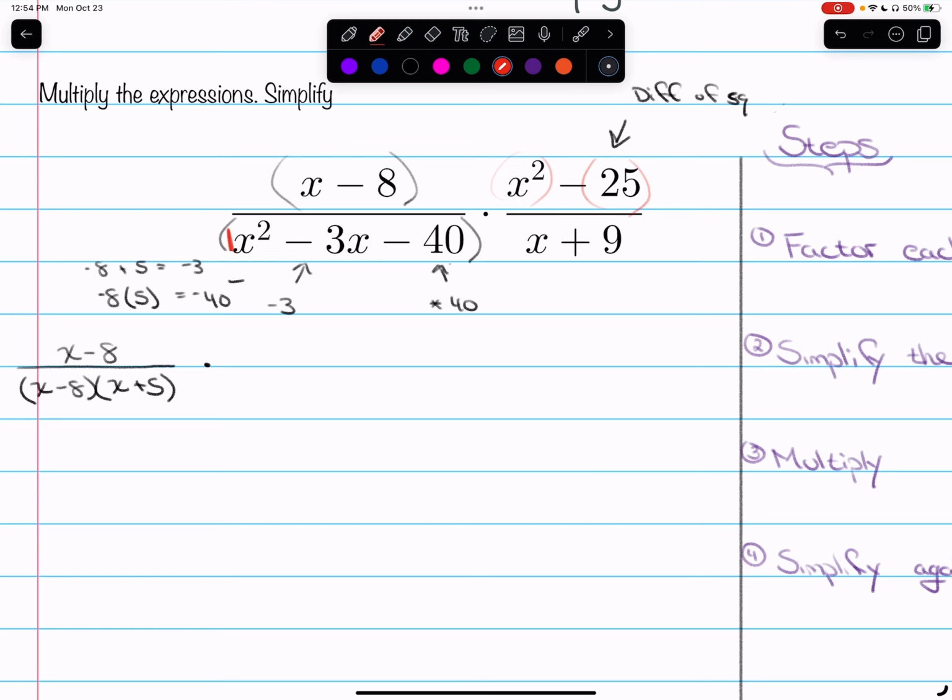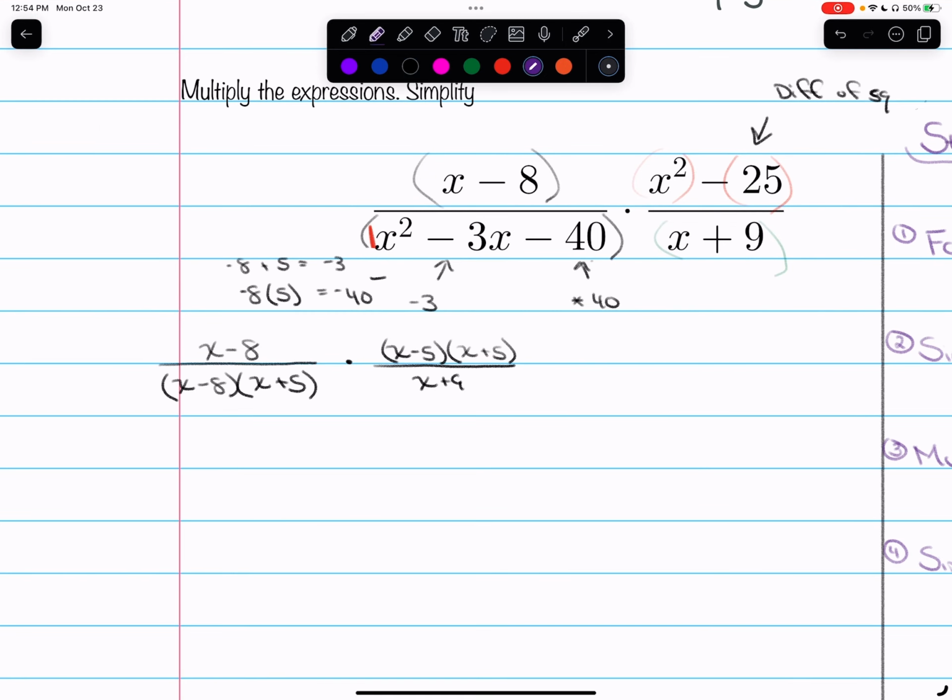So these break down to be x minus 5 times x plus 5, okay? Over x plus 9, which can't be broken down anymore, so we're going to leave that alone. Okay? This right here is step 1. All that is step 1.